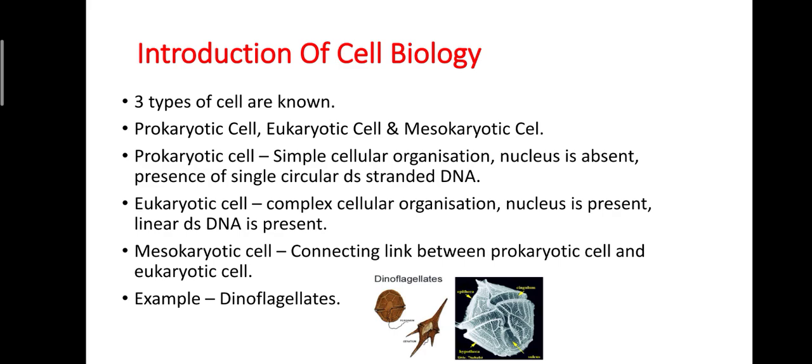So if we see the whole life of this blue planet, all types of bacteria are included in prokaryotes, and except bacteria and dinoflagellates, the whole of life can be included in eukaryotes, and the example of mesokaryotic is the dinoflagellates.